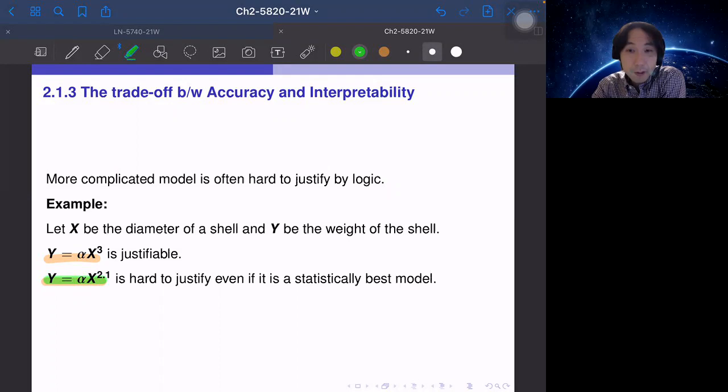I would like to start a new poll. I'm not sure if it works or not, probably not. Which model is better? Y equals a times x to the power 2.1, or alpha times x cubed?